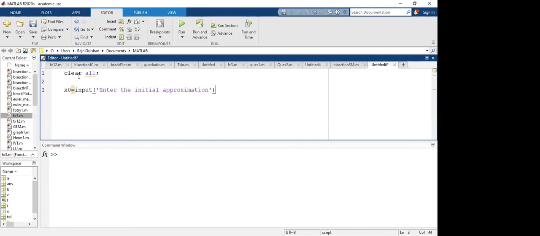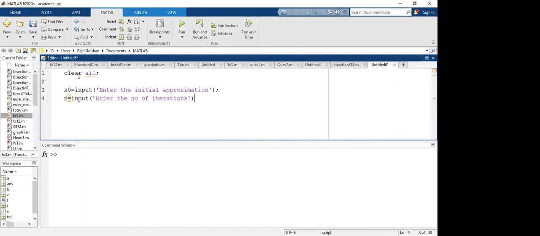Okay. Now, next, you want to input some iterations. Let us say you input enter the number of iterations, right? So this is the second step.